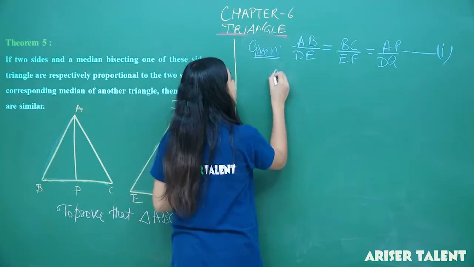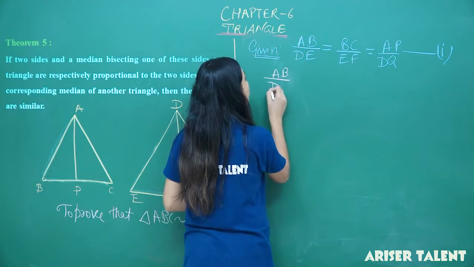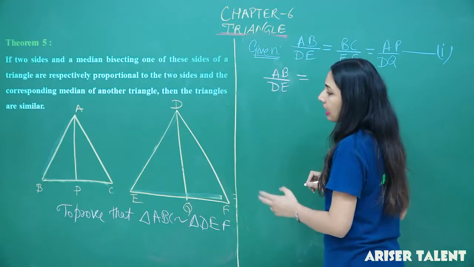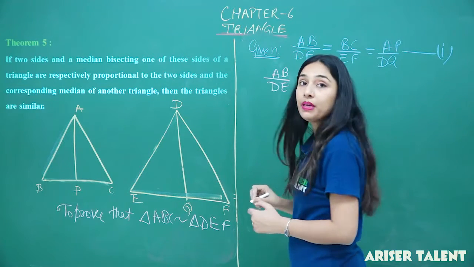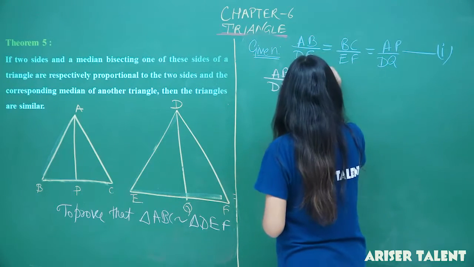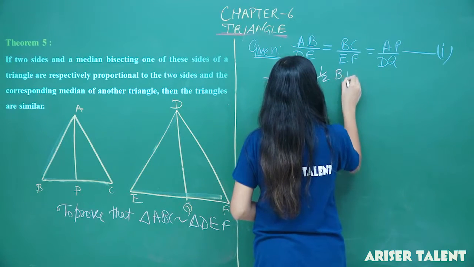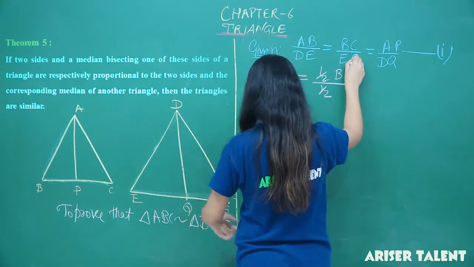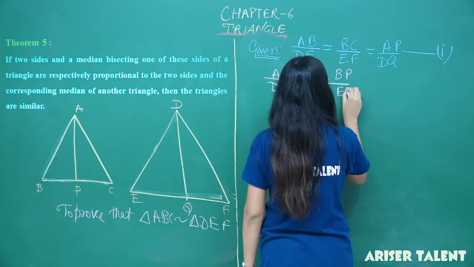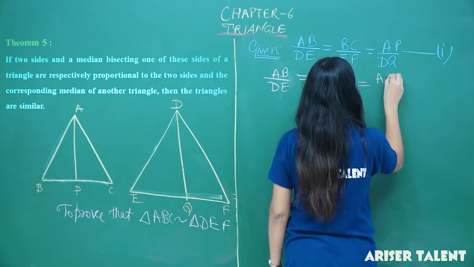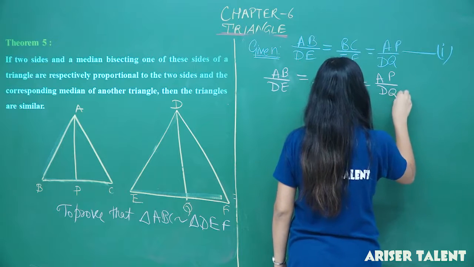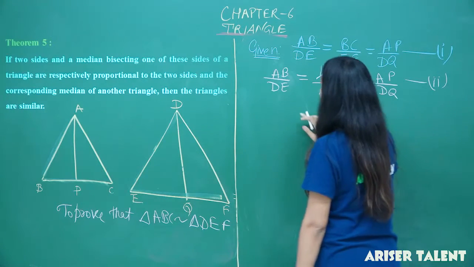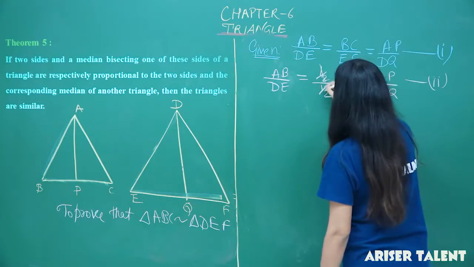So can I write AB by DE equals to, BC can be written as half of BP, by half of EF, which can be written as half of EQ, equals to AP by DQ. Now, if you see equation 2 carefully, the half and half will cancel out.